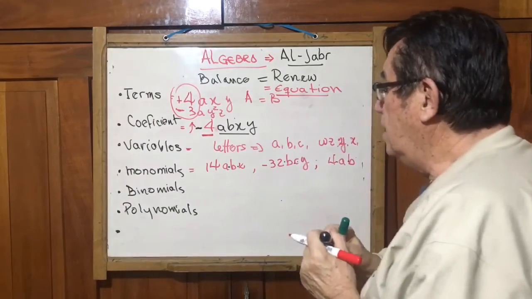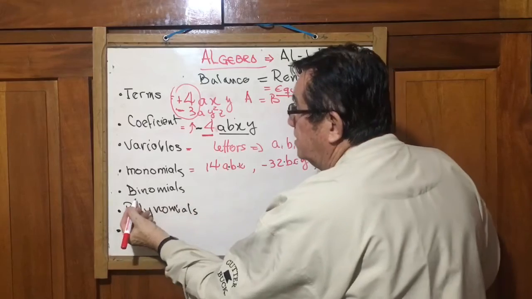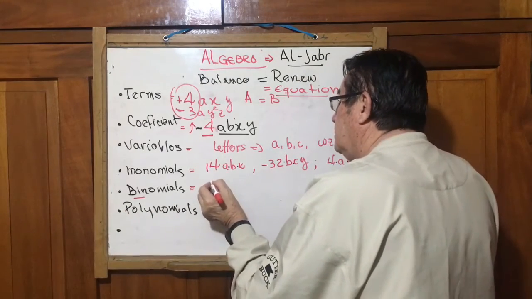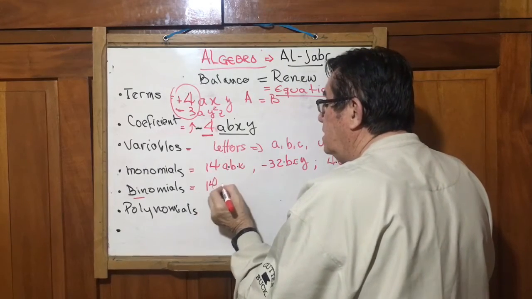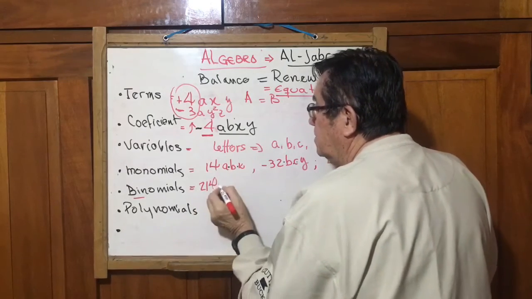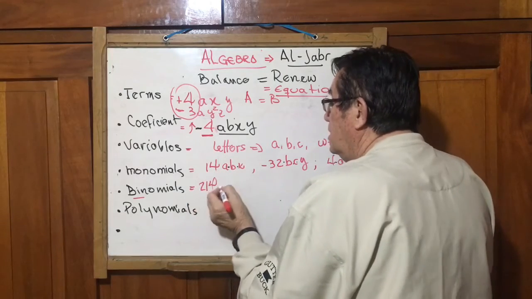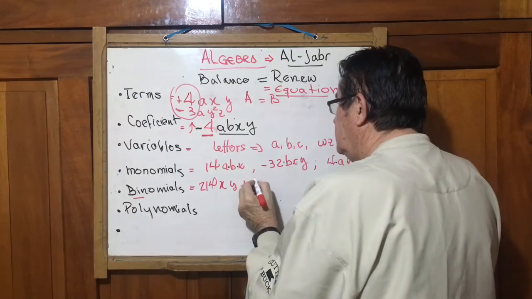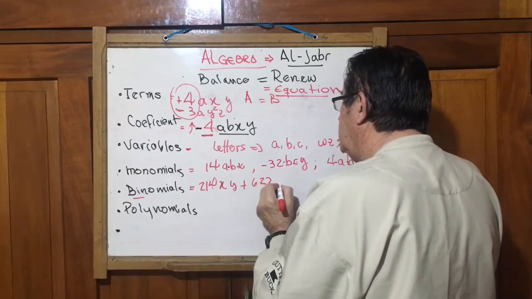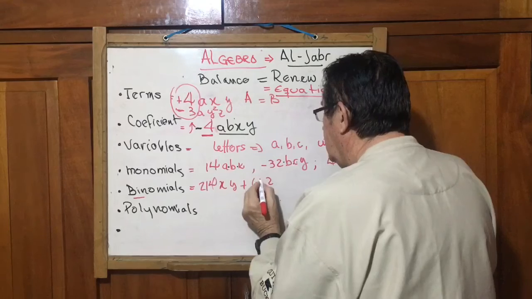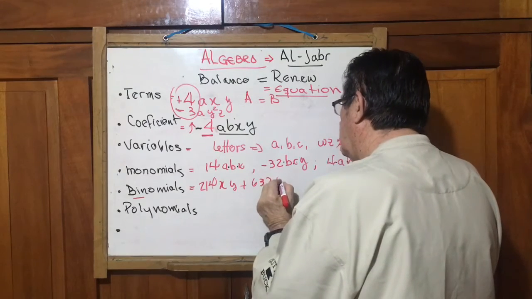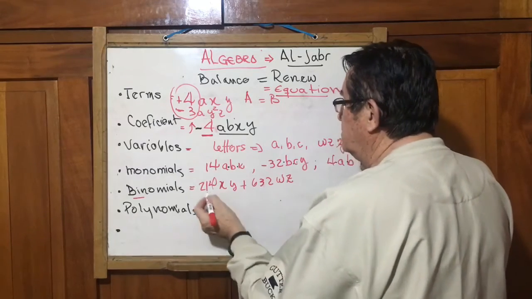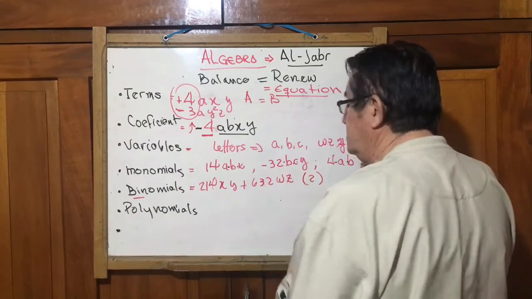Well, binomials are, as it says, two terms together. That means that I will have 14xy plus 6 32wz. So these are two terms, binomials, only two terms.